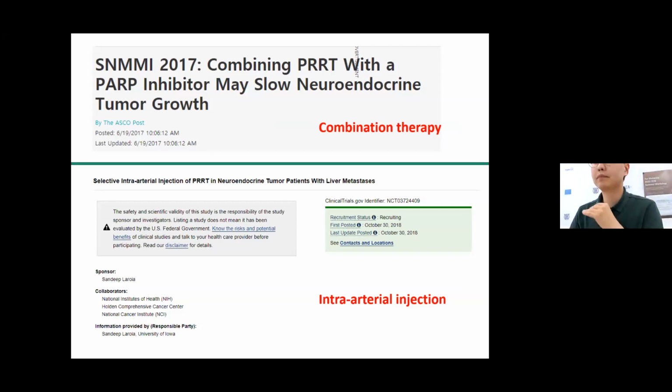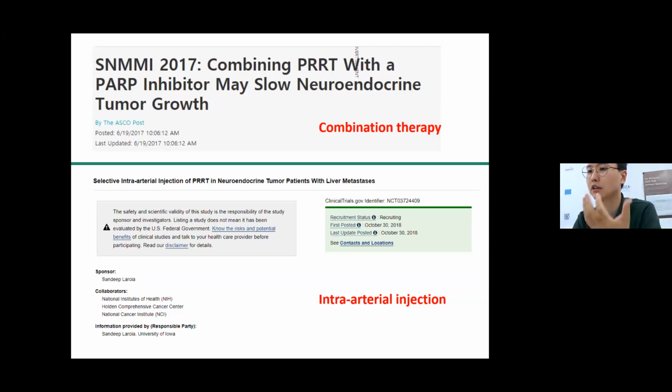Next, there are some prospective trials using a combination of a PARP inhibitor with PRRT. There is also a study of a new strategy using intra-arterial injection of PRRT. The rationale is that when we give it intra-arterially, it can reach the tumor more effectively, since neuroendocrine tumors mostly have a lot of liver metastasis.